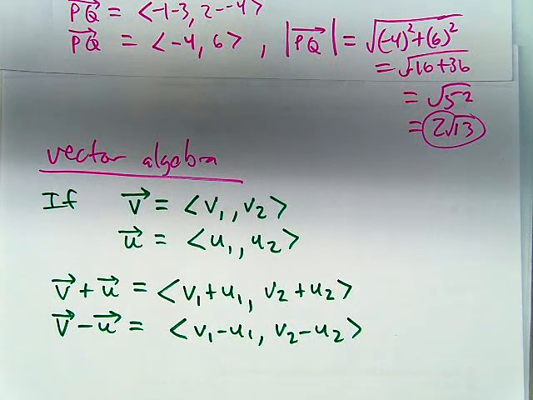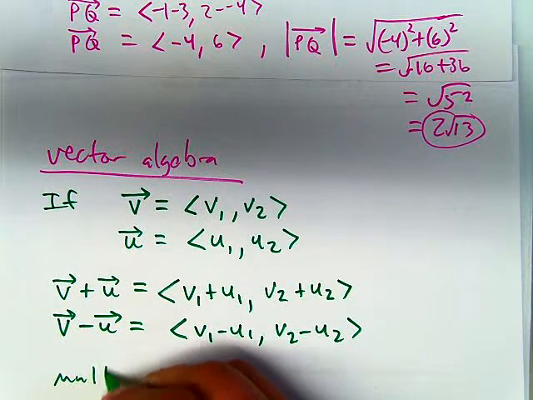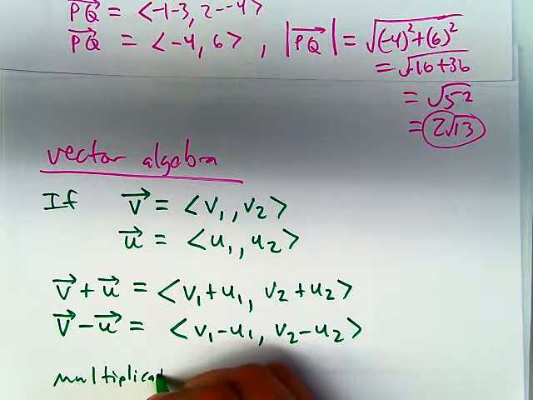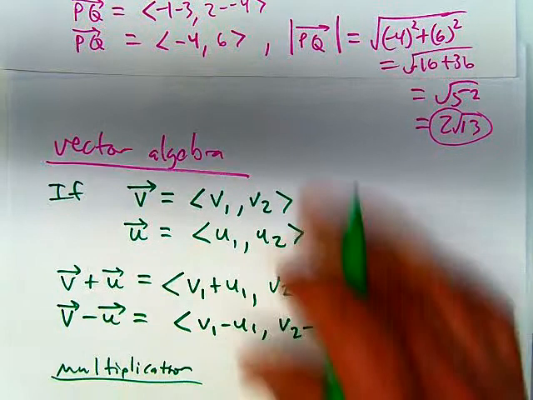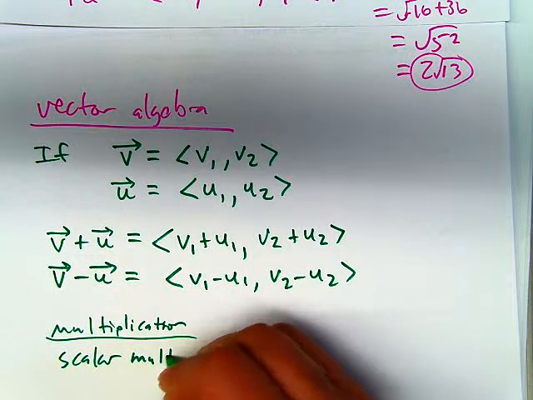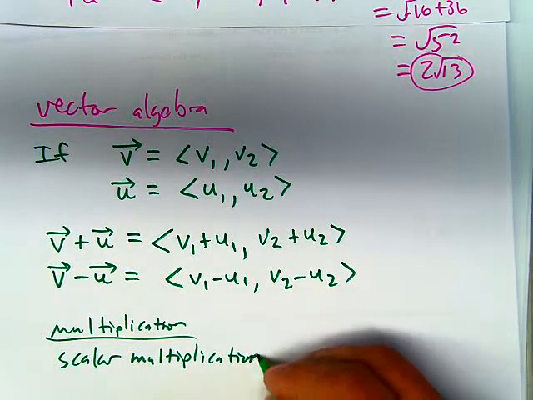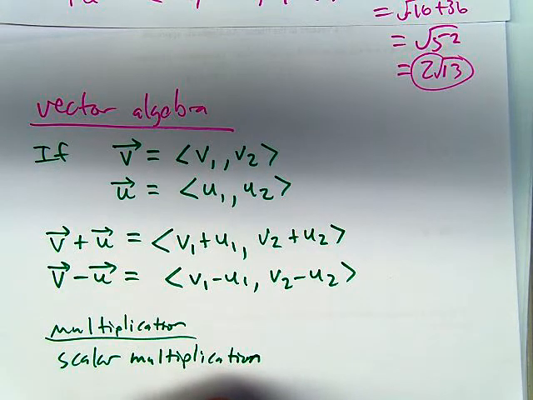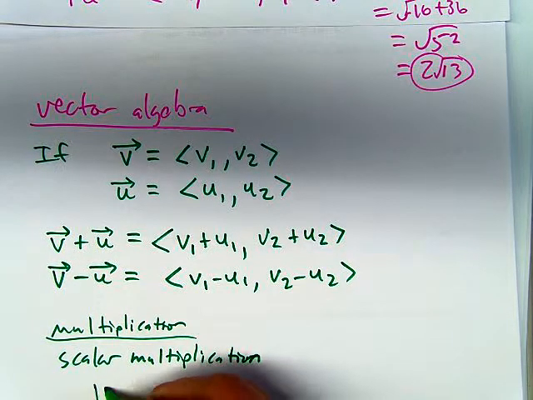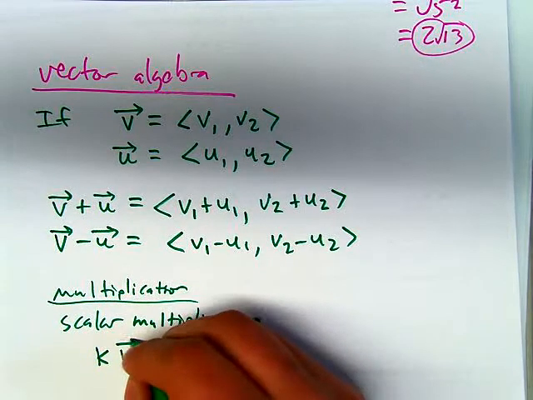Okay? So that's addition. Multiplication, there's two types. We have something called scalar multiplication, which means that we have some number, let's call it k, times a vector.